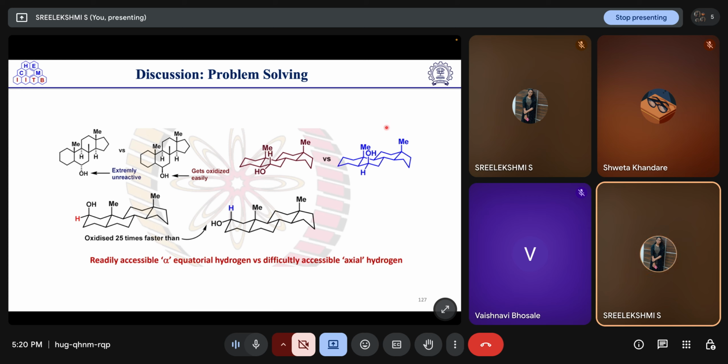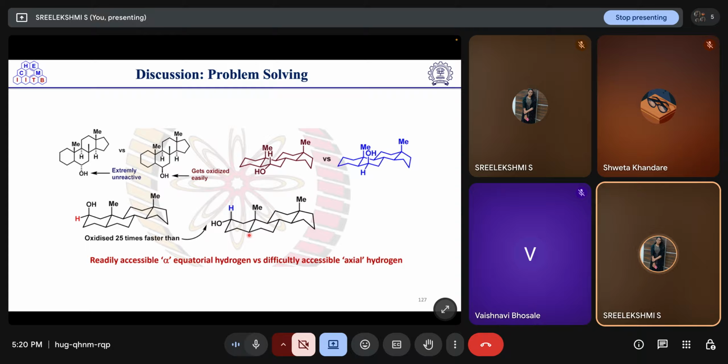That's why this one will be getting oxidized faster than the one with the hydroxyl group below. Same here also, here we have OH axial and hydrogen equatorial, here hydrogen axial and OH equatorial. So this will be oxidized 25 times faster.